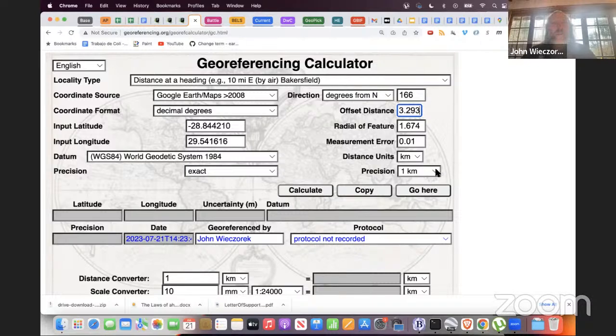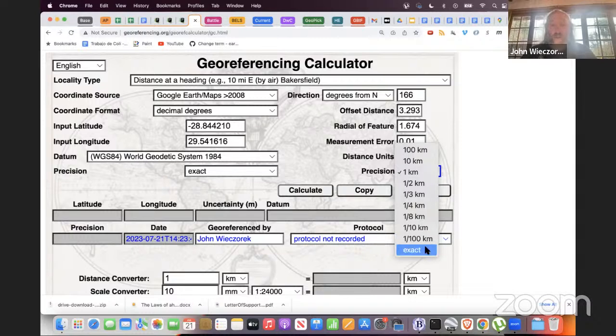In this case, though, our distance precision that was in the original description is to the 1,000th of a kilometer, or 1 meter, which here would be exact.